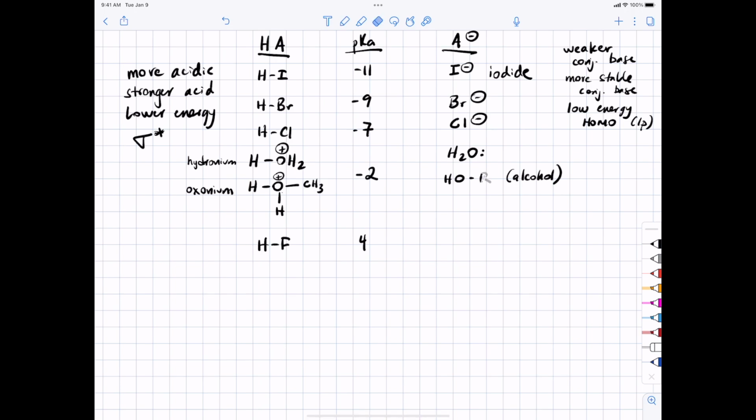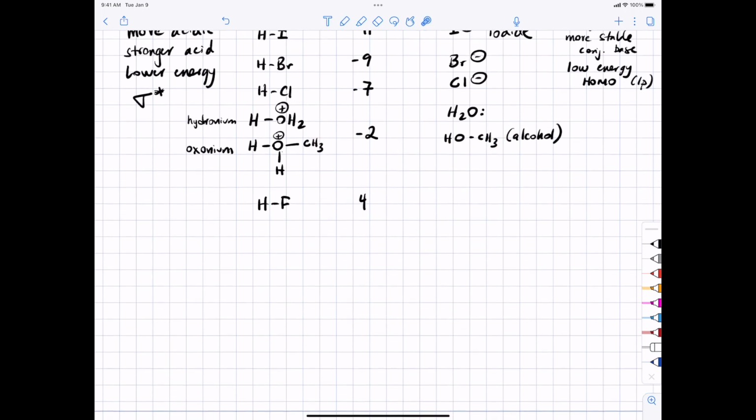I'm just going to represent that with a methyl group, though we will be able to replace the methyl group with other hydrocarbon-like things in general and get the same number. Okay? So -2 is the pKa of hydronium and protonated alcohols. That's one of the ones to memorize. If you can memorize -2, that's good.